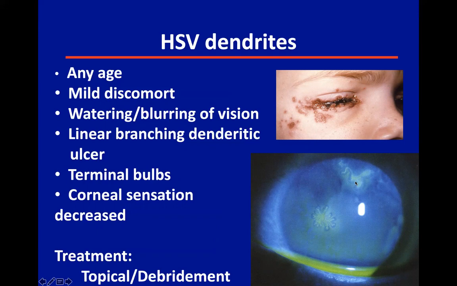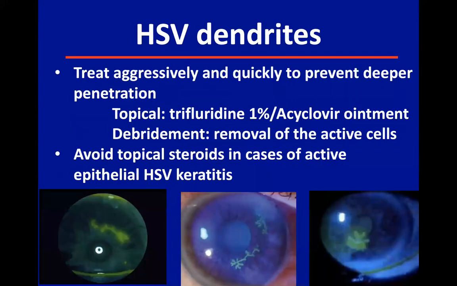This is a very common question that we like to ask. So this is exactly how your herpes simplex looks like. We have to treat aggressively. When you see this, please refer immediately to the ophthalmologist, and this is to prevent deeper penetration. You don't have to worry about the topical treatment, I don't expect you to know, but if you'd like to, it's acyclovir.